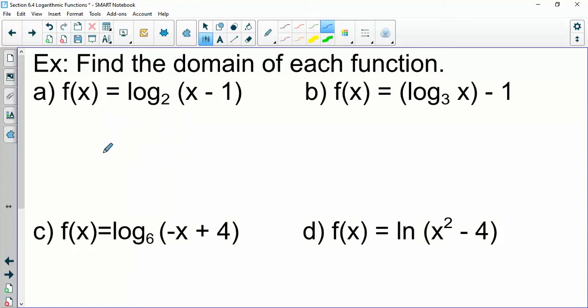So let's practice that, and then we are done. So if I'm looking at this first one, when I'm asking about the domain, I don't care anything about the base. I don't care if there's a negative in front of my log or something added on the end. All we care about is the argument, the thing you're doing the log of.